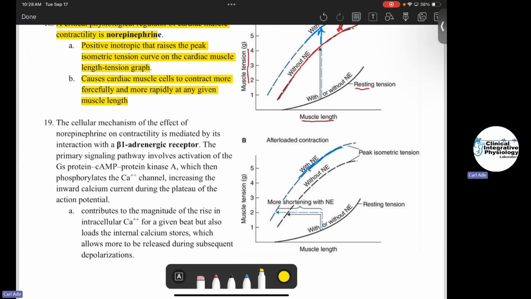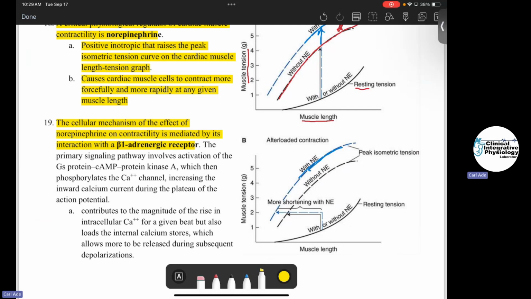The cellular mechanism is through interaction of the beta-1 adrenergic receptor. Remember, we mentioned the beta receptors in the SA node. That's what allows us to increase the heart rate in the generation of the action potential at the SA node. Well, now those same receptors are scattered throughout the myocardium, and they activate a G protein coupled pathway. I'm not going to highlight that.